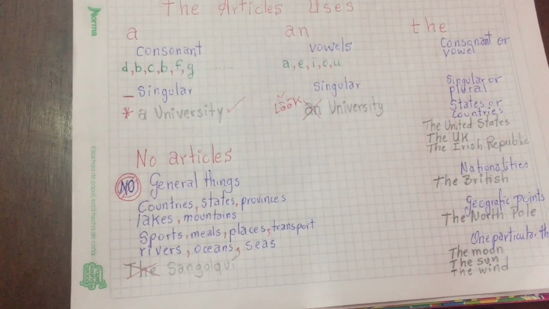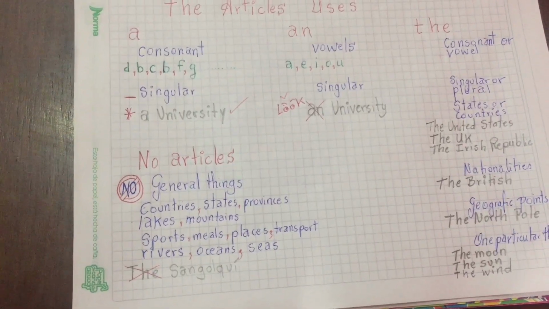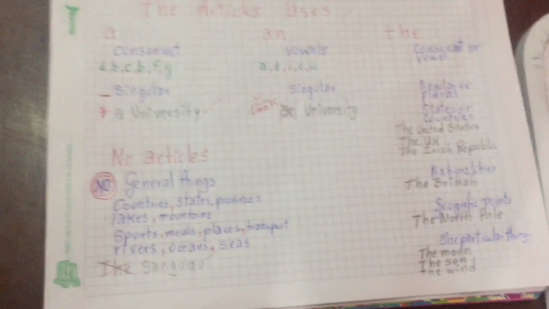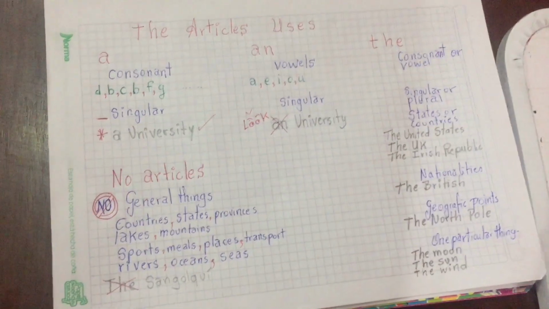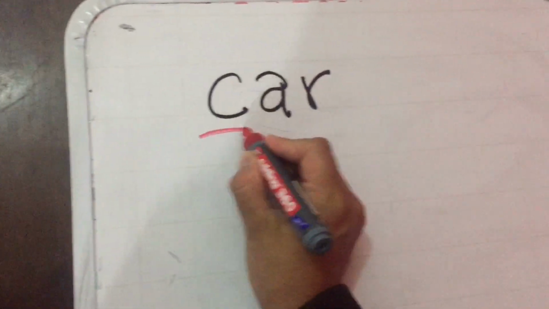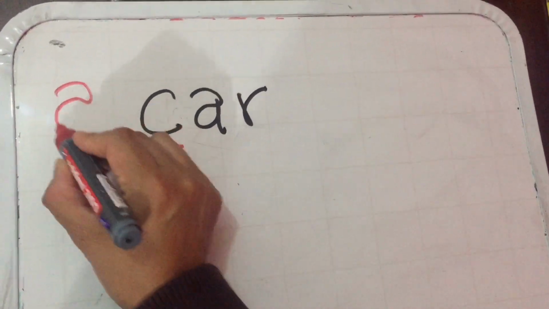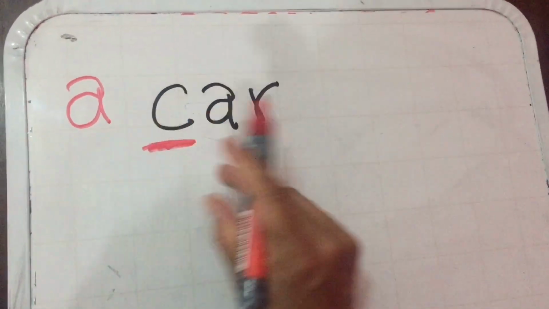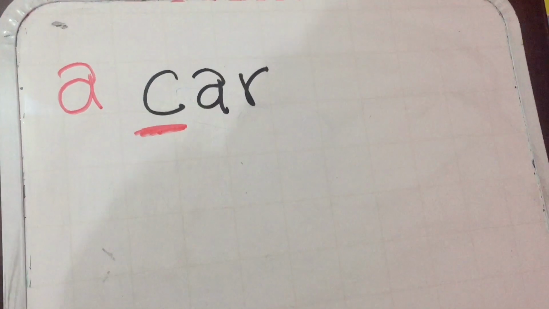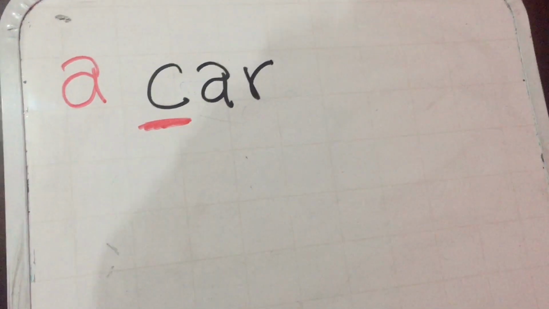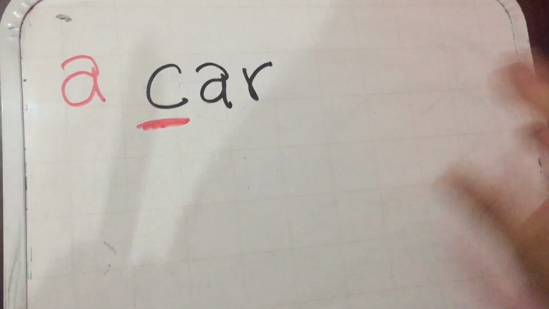Car is a word that starts with a consonant letter, so obviously you have to write a car, a bird, a pencil case, okay?